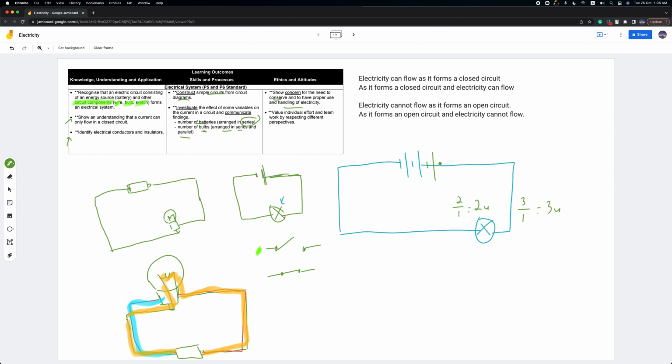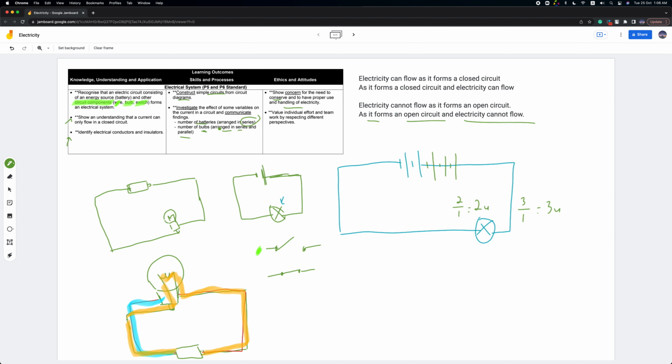But up to a certain point, when there's too much electrical current flowing through the bulb, it will melt the filament. And when the bulb doesn't function, we say it forms an open circuit and electricity cannot flow.